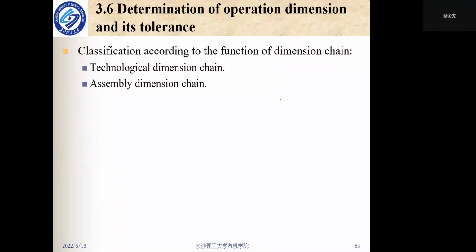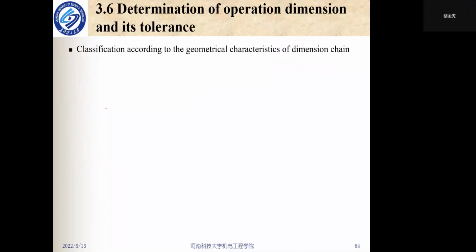And then we have some classification of dimension chain by the function of dimension chain, that we classified into technological dimension chain, assembly and design dimension chain.